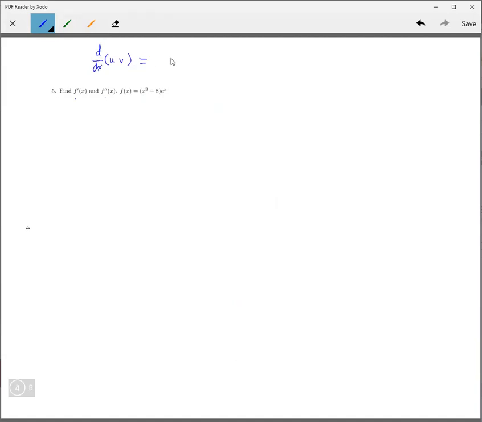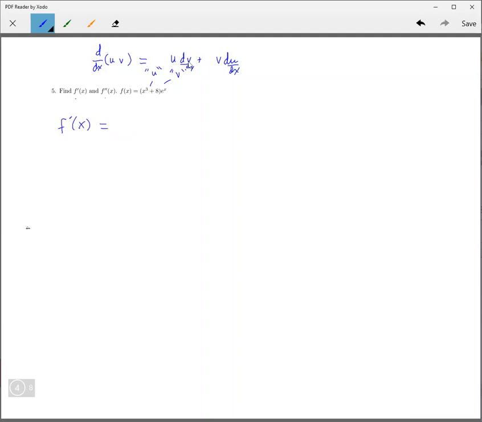It would be u times the derivative of the second one plus the second one times the derivative of the first one. So u dv plus v du. And this would be our u, and that would be like our v. Okay, and I guess that would be dv dx or du dx. You could just leave it as dv or du. That's also acceptable notation.